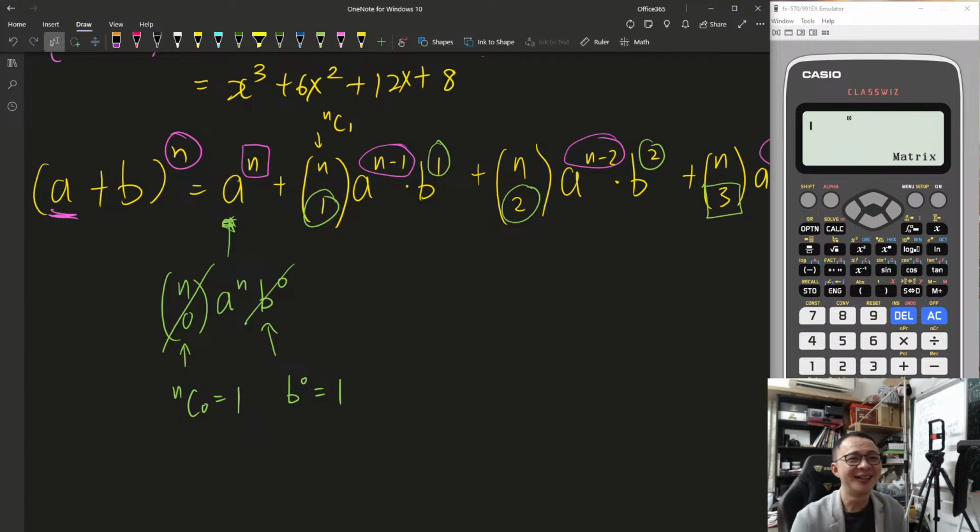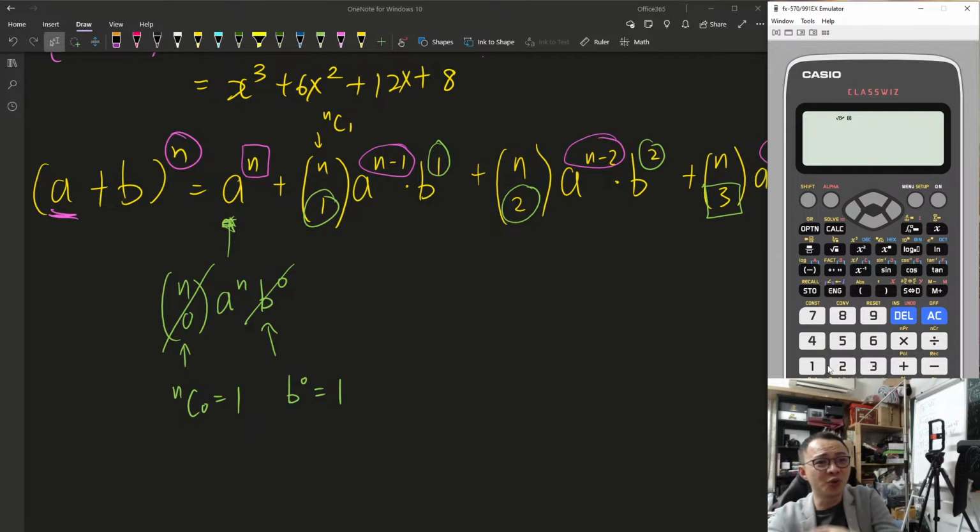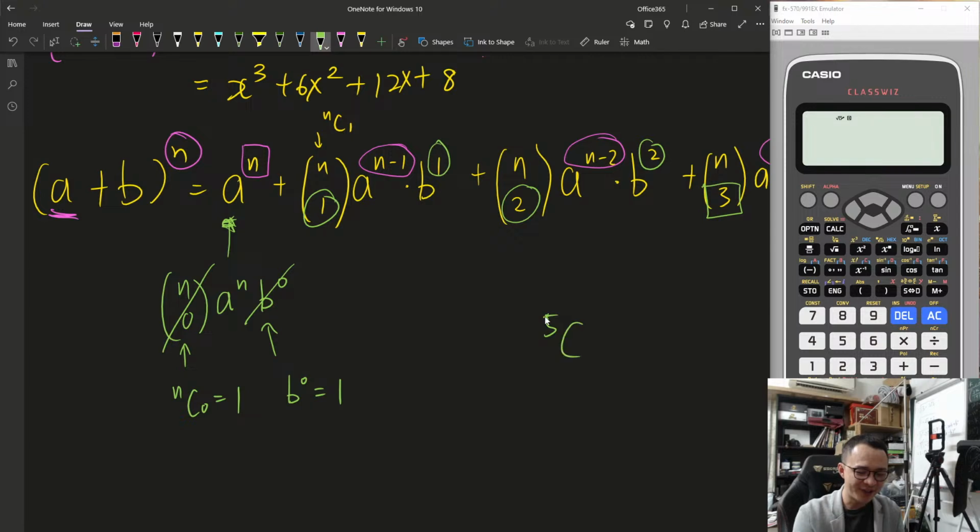Alright, nC1, in the permutation and combination topic, basically means from n items, I need to choose one item. So let's say like 5C2. That means if I have 5 items, I want to choose 2 items, I can find the number of ways of choosing them.